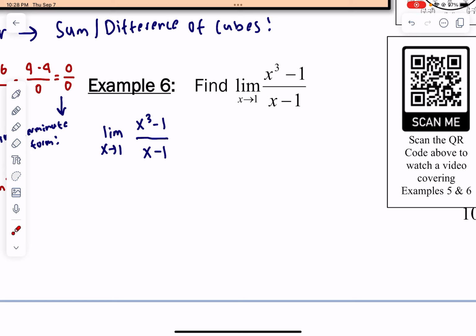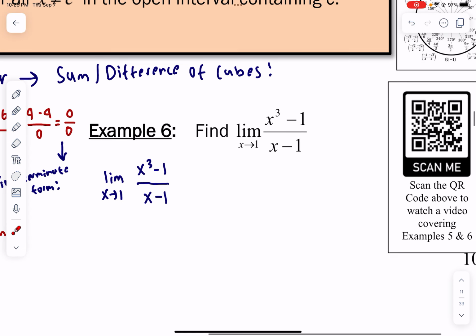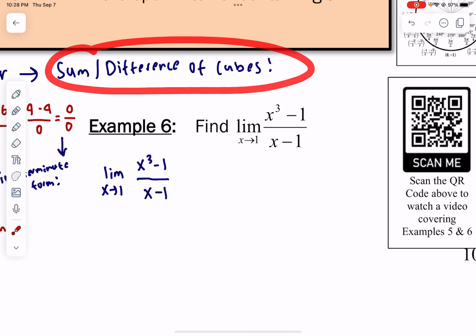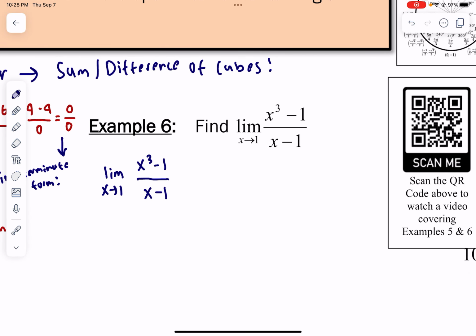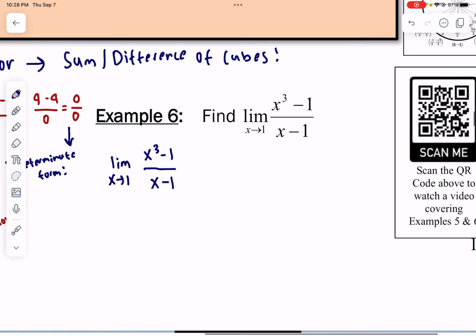All right, so if we refer back to the warm-up in the morning, we talked about sum and difference of cubes. So I'm going to refer back to those algebraic formulas that we referred back to.